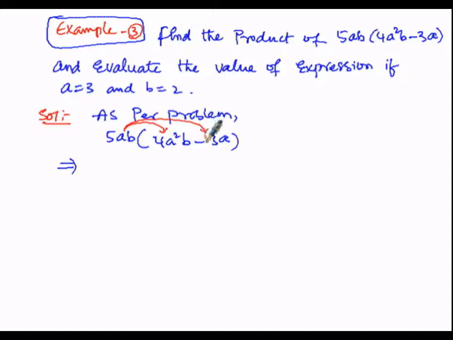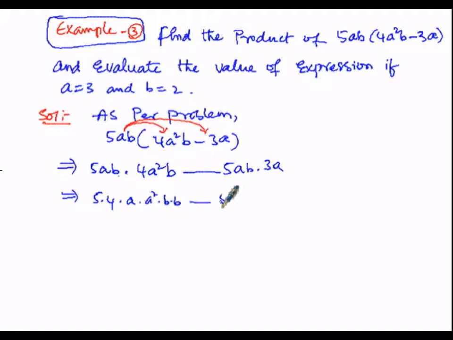Then the product will be 5ab into 4a square b as the first term, then plus into minus is minus, 5ab again must be multiplied with this 3a. Then let us multiply the coefficients first of all, 5 into 4, then later the a terms together, a into a square into b into b, minus 5 into the coefficient 3, a into b separately.